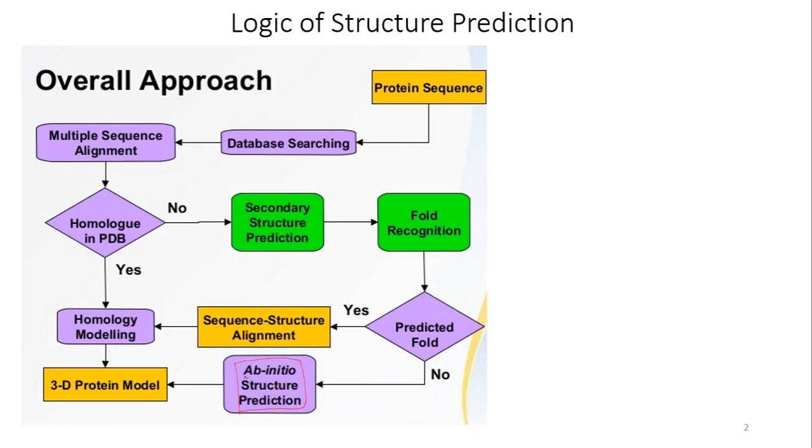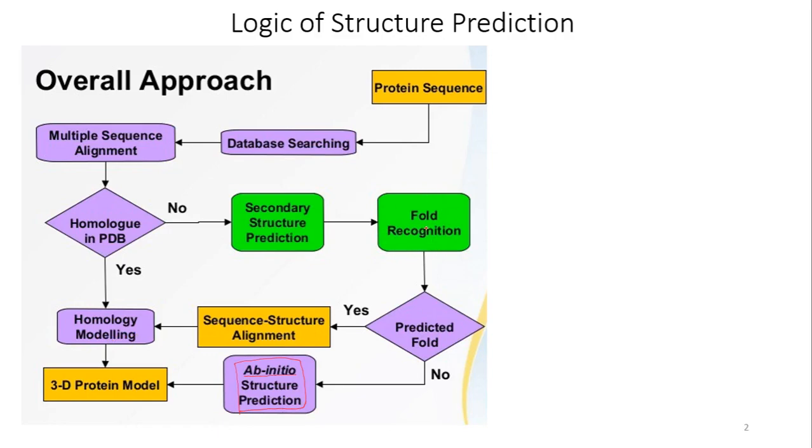I would advise you to use these ab initio protein structure prediction algorithms, or use this methodology, only if nothing works. You are advised to use this when homology modeling is out of the picture and somehow you also fail to perform fold recognition.